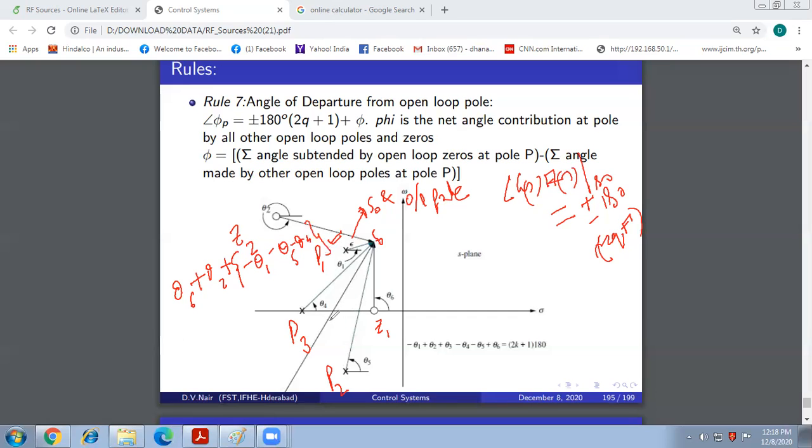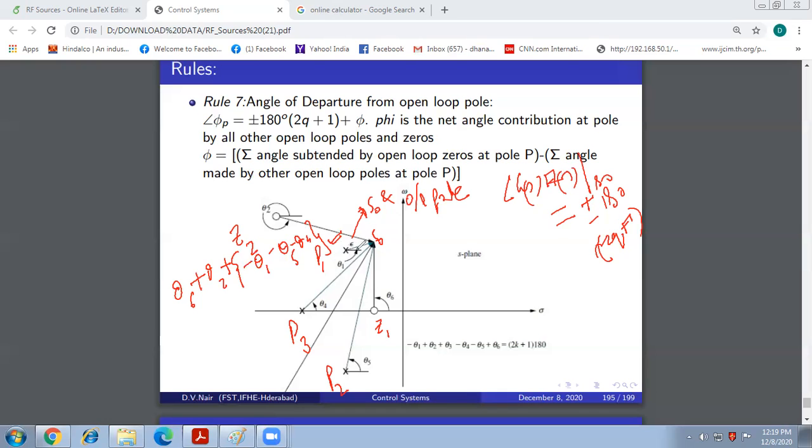Now we can say that for all other open loop poles and zeros which are joined to the point of interest S naught, their angles subtended at S naught are as good as the angles made by these factors at the open loop pole P1 itself, because P1 and S naught are so close to each other that they can be taken as the same point.